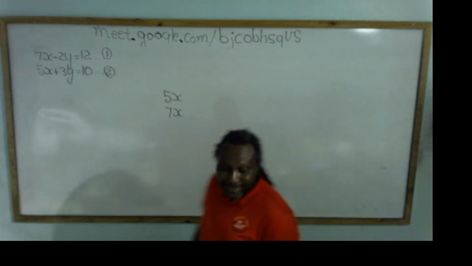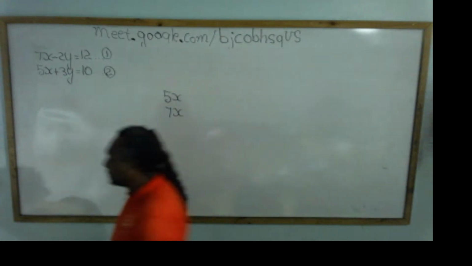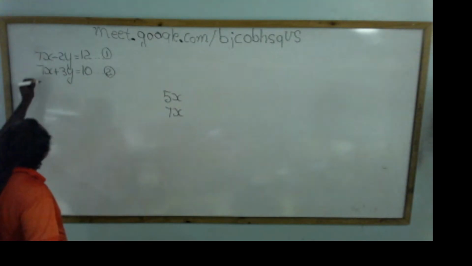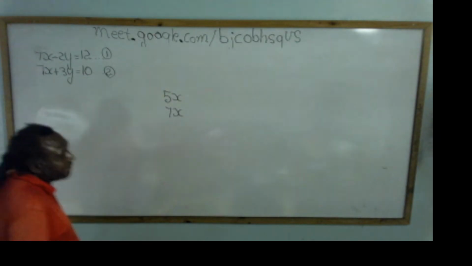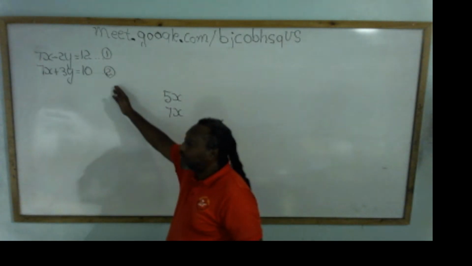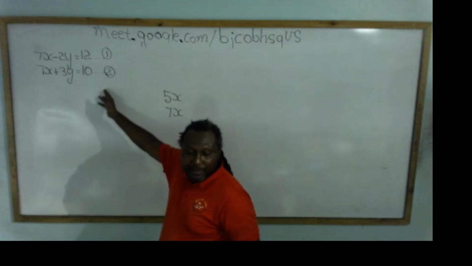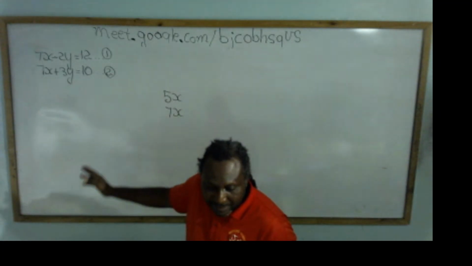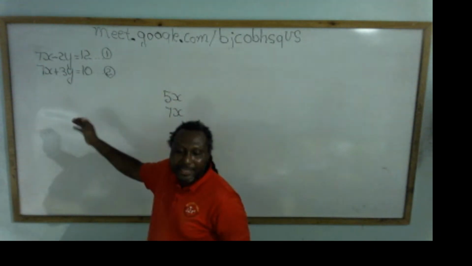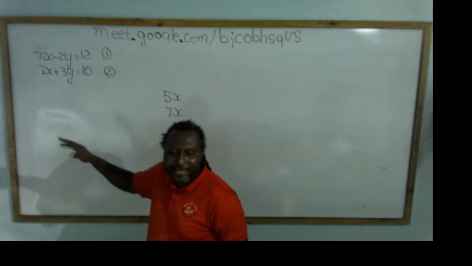Why is it that we cannot just erase it and put a 7 there so that they can be the same? Yes, it will change this equation and consequently change the entire system.